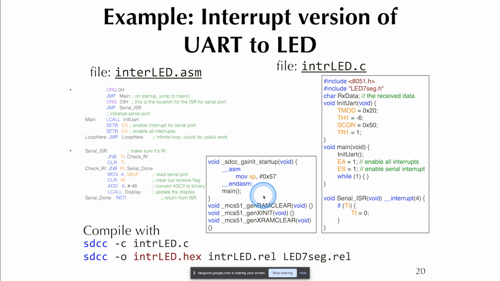You could write this in C if you really want to, but of course you have to make sure you don't accidentally link in these other functions that SDCC assumes exist for clearing up your RAM bits. So here, if you want to declare a serial ISR, you write __interrupt and then the number in the parentheses. And here it's an if, not a while.